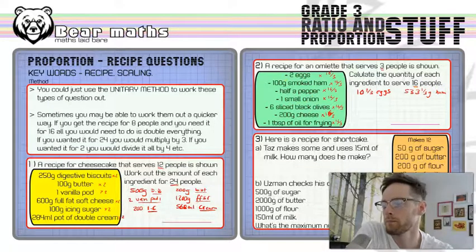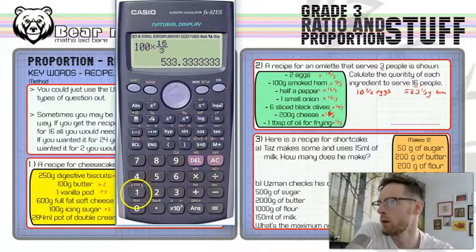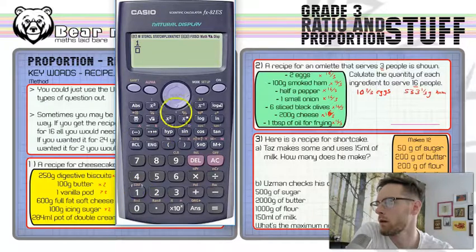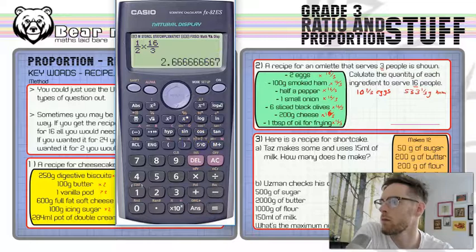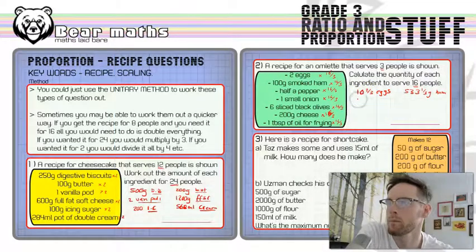Half a pepper, so 1 over 2 multiplied by 16 over 3. Multiplying fractions, aren't we? It's quite nice. 8/3 of a pepper, 2 2/3 of a pepper.